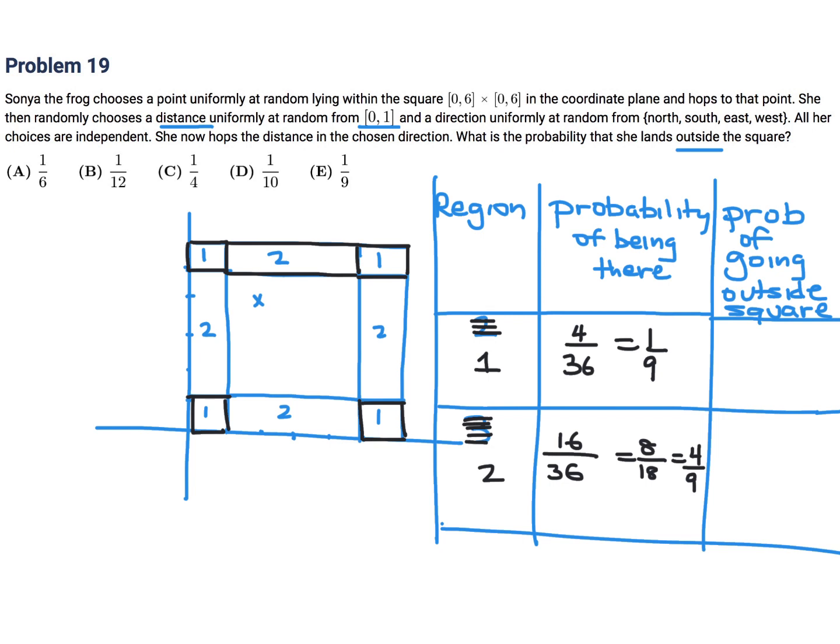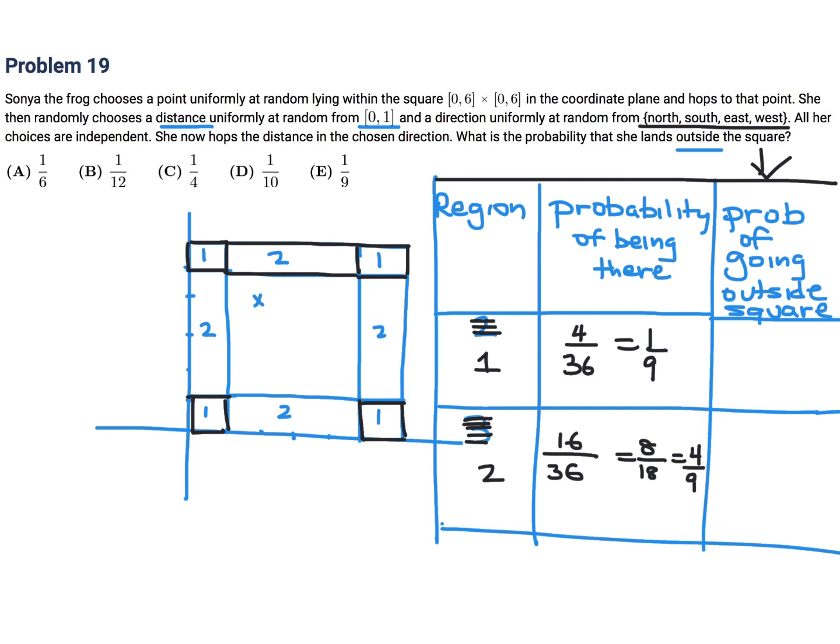Now this, this is what we have to concentrate on, probability of going outside. So for region 1, well, the directions is something we need to talk about. You're going to go outside if you're going up.